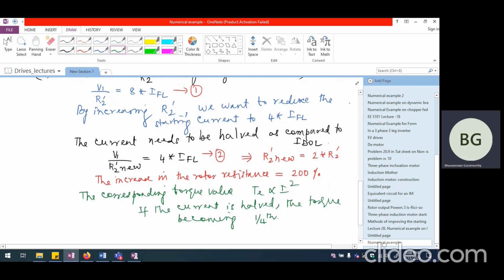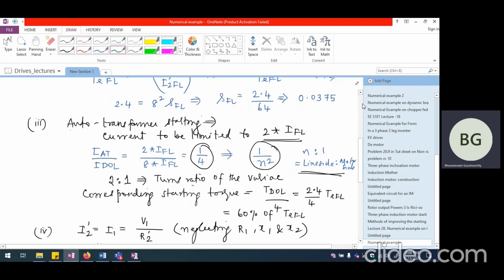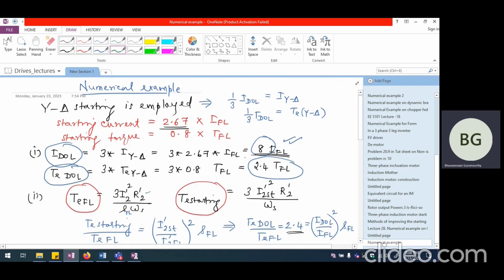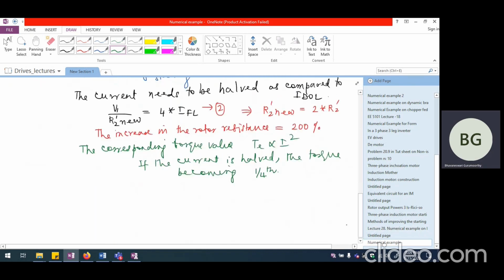The original DOL torque was 2.4 times T full load, so compared to that we have 1/4. So 2.4 times T full load divided by 4 will be the new starting torque, which is 0.6 times T full load.